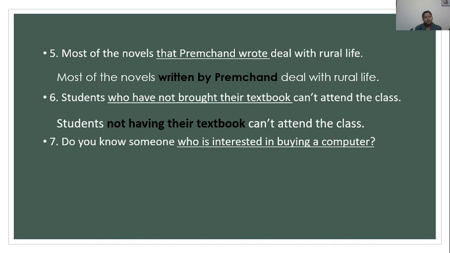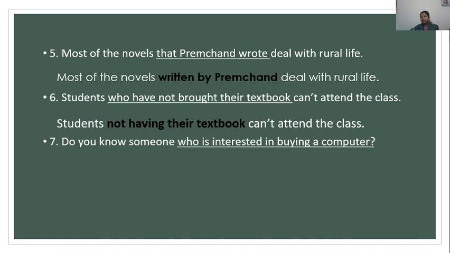Now look at the next, the last sentence. Do you know someone who is interested in buying a computer? So interested in buying a computer. See how I have spoken. We say, are you interested in buying a computer? So here a finite verb is used, so this is a clause.